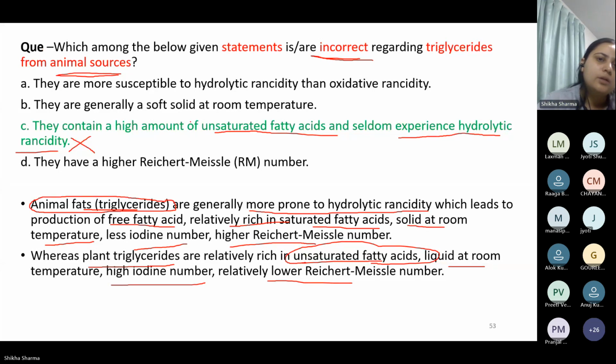And option C is not correct because it says that they contain a high amount of unsaturated fatty acids. So can we move to the next question? Yes, ma'am.